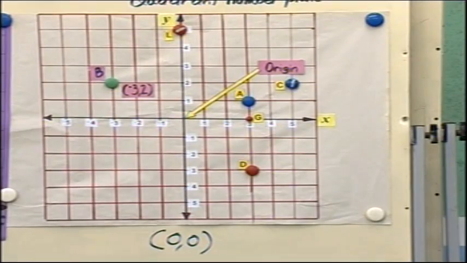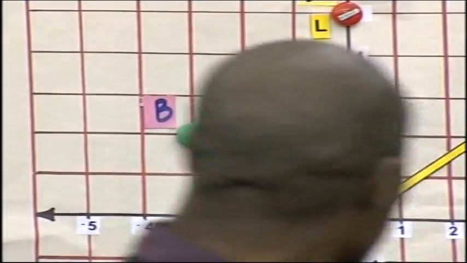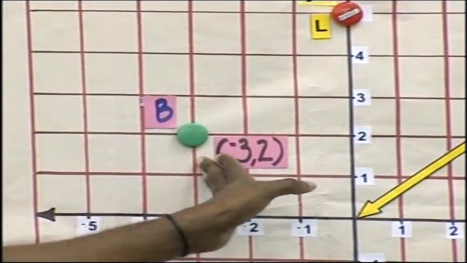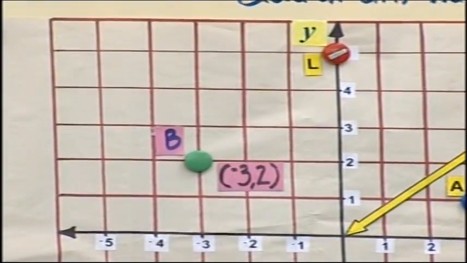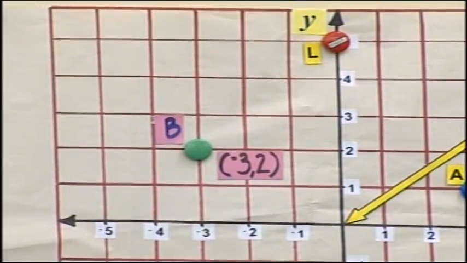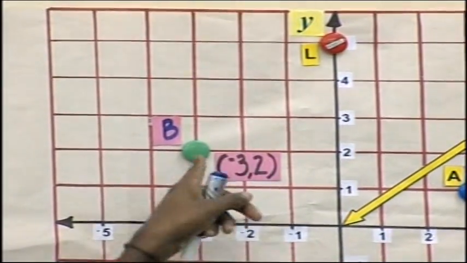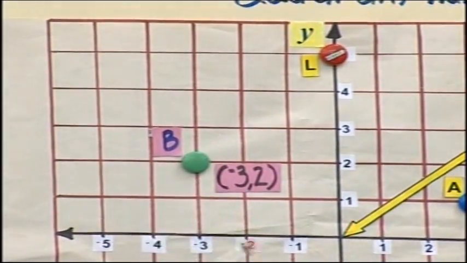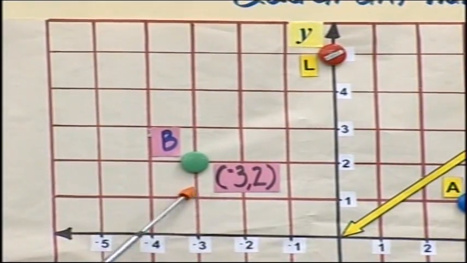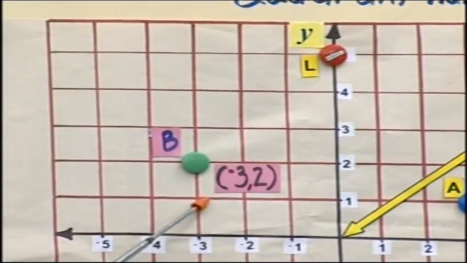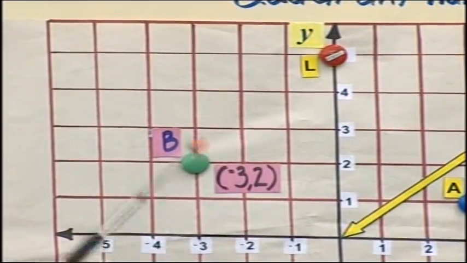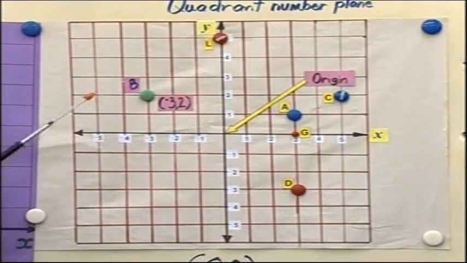Okay, let's have Agnes, Glenda. Glenda, can you read the coordinates? Bracket -3, 2 bracket. Very good. Now, the coordinate for this point here is bracket -3, 2 bracket. Now, if you look at this, the point is given a title or a name.